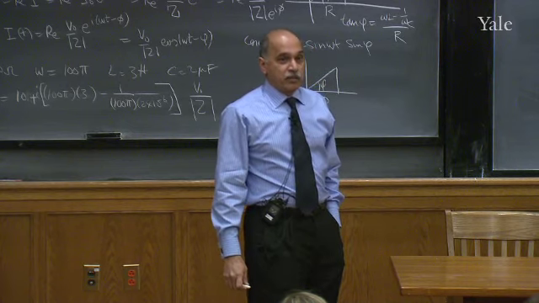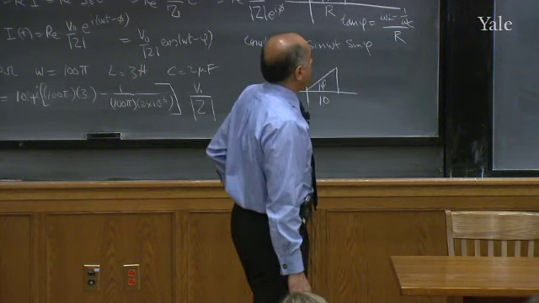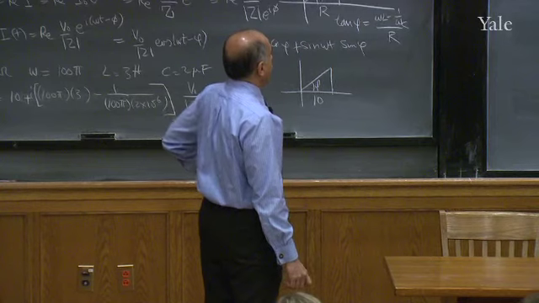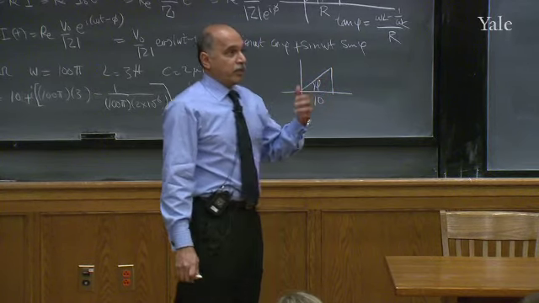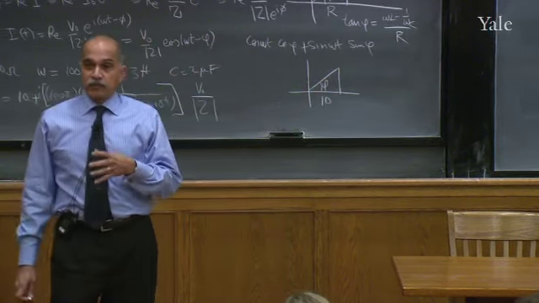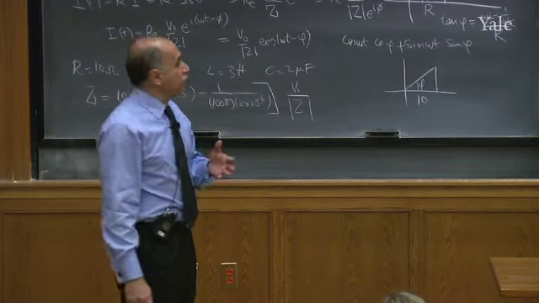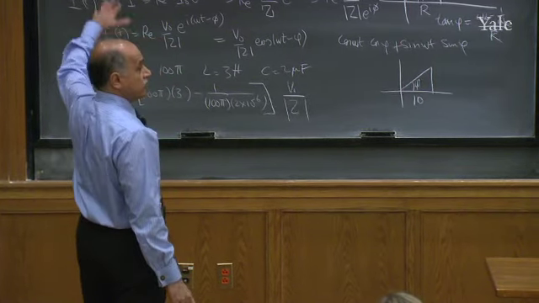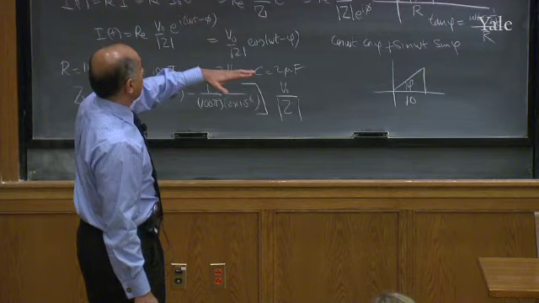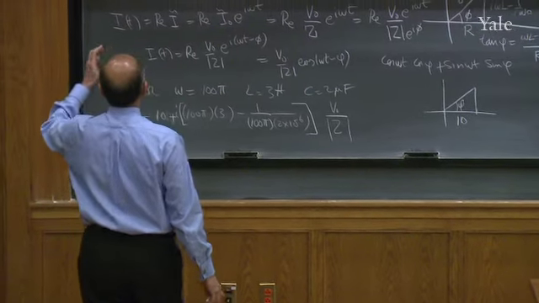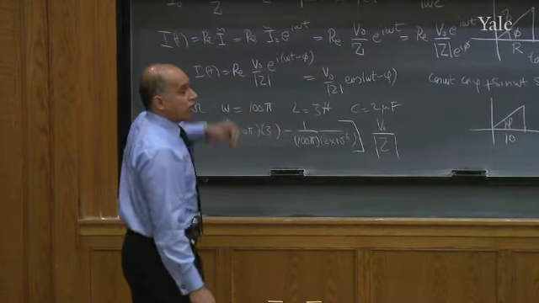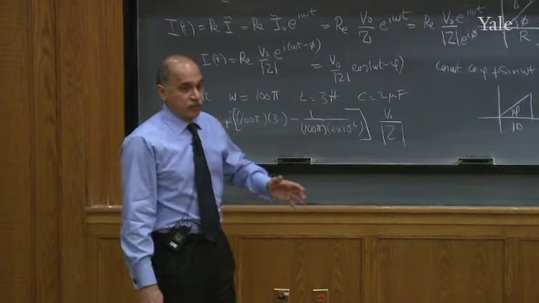Yes, I will translate. If you have a problem where you apply one voltage, V1, and you get a current I1, and a second voltage V2, and you get a current I2, just by adding the two equations, left-hand side to left-hand side and right-hand side to right-hand side, you can check that V1 plus V2 drives a current I1 plus I2. You should do that.